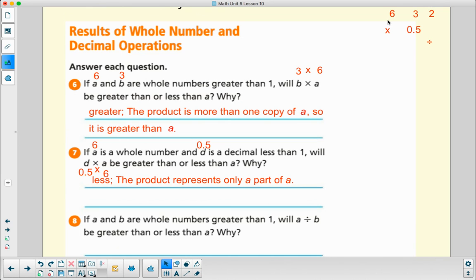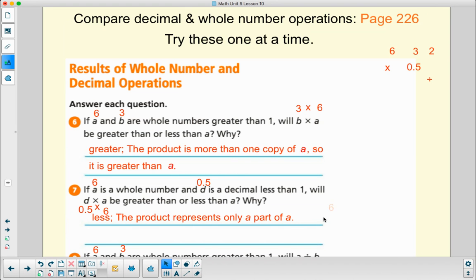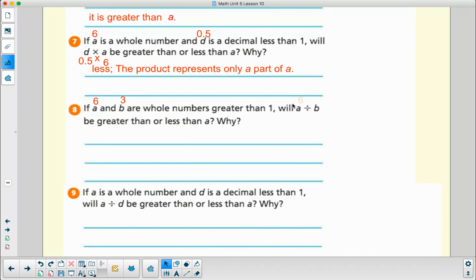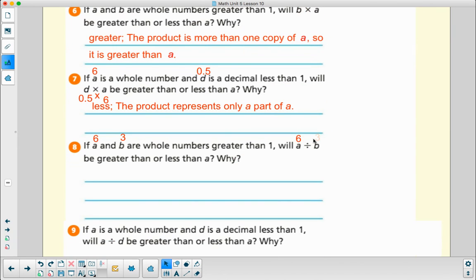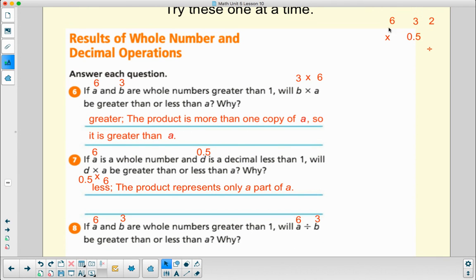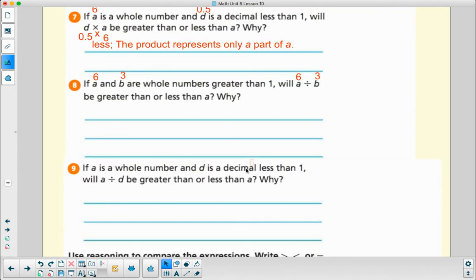So you should have thought, hey, well, if A is 6 and B is 3, will A, 6, divided by B, 3, be greater than or less than A, 6?